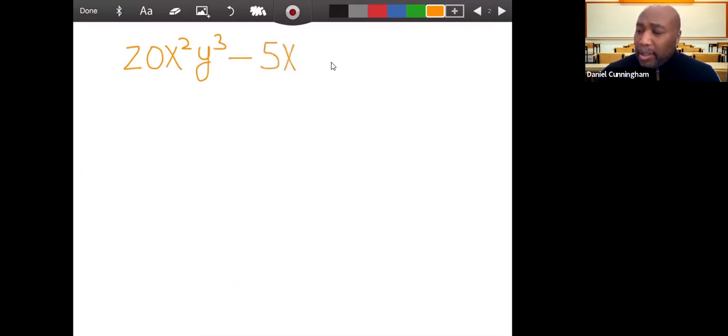Let's do one more problem, and I'm going to start from scratch for this problem. Let's say we have 20x squared y cubed minus, let's say, 5x cubed y to the 4th. That's my first term.